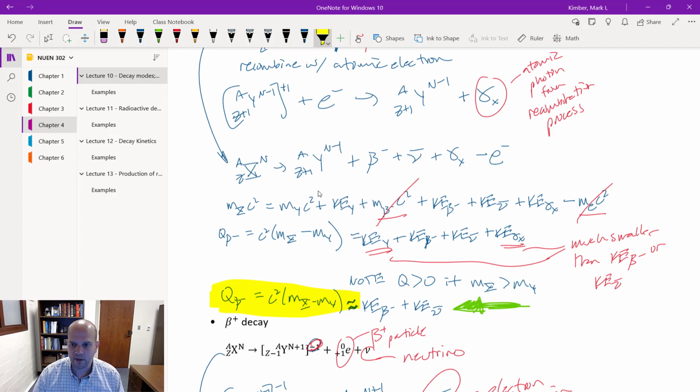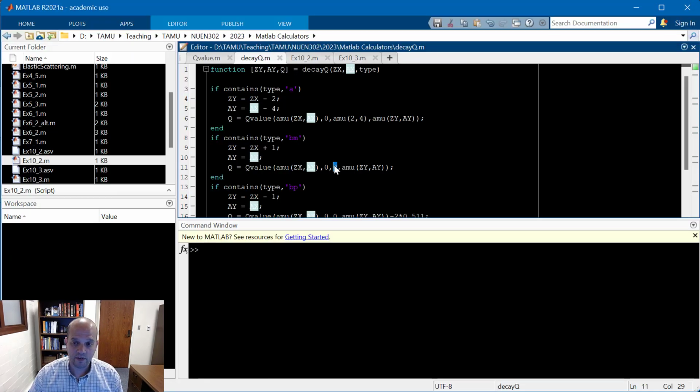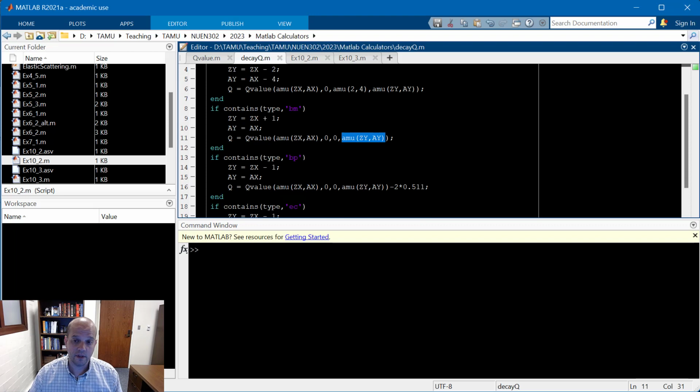And so coming back here to my function, I can put 0 in for that light particle and then just look up the mass for the daughter. Same thing for the beta plus, only instead of a proton increasing by 1, the proton count decreases by 1. The number of nucleons stays the same again, and this function looks awful similar to that.